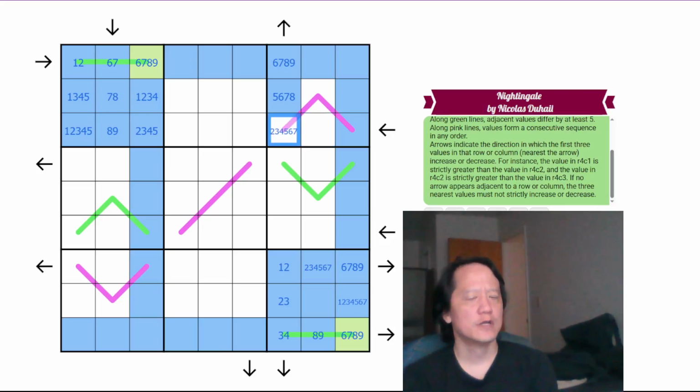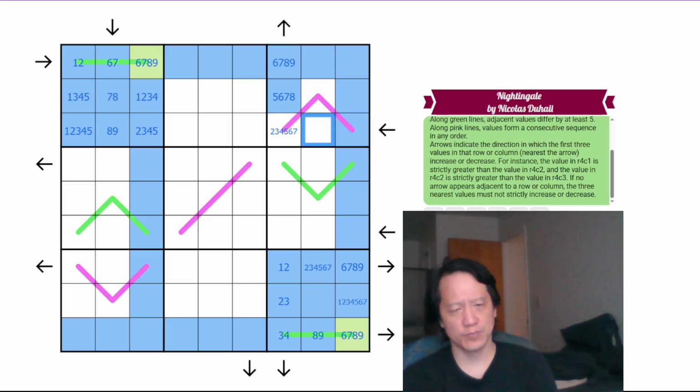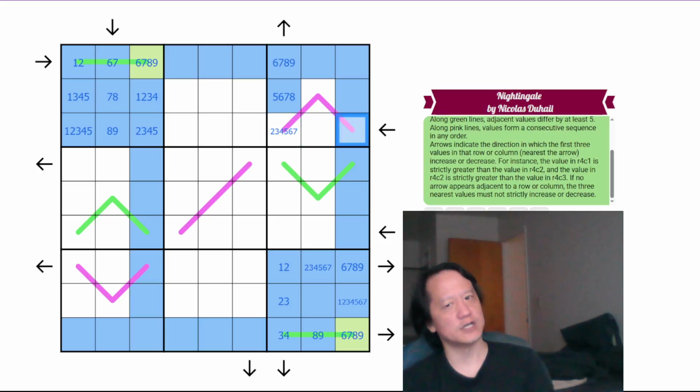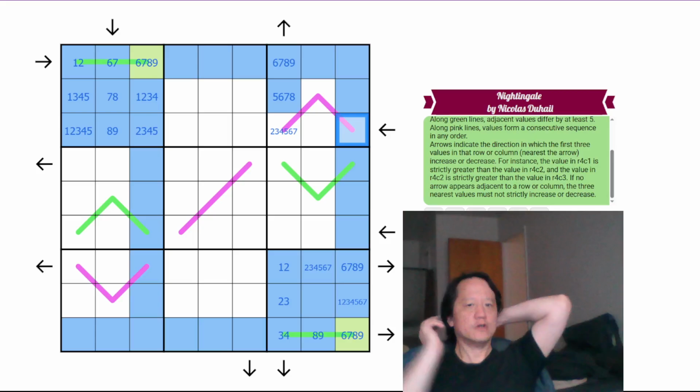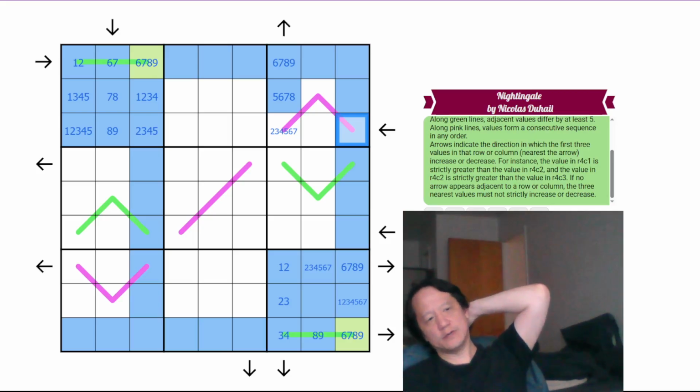No. Cannot be 1 ever, because if that's 1 doubled, this would just be too small. Because it'd be 2, 1, 0 as values, which obviously you can't have 0 as a value. So this is at least 1. So it could be 1, 2, 3.